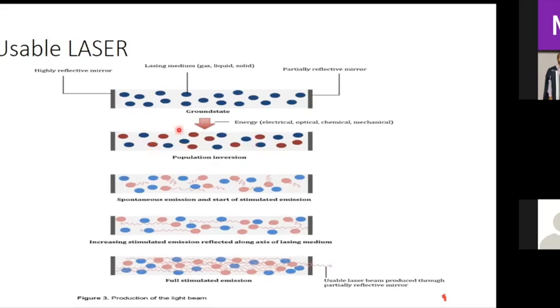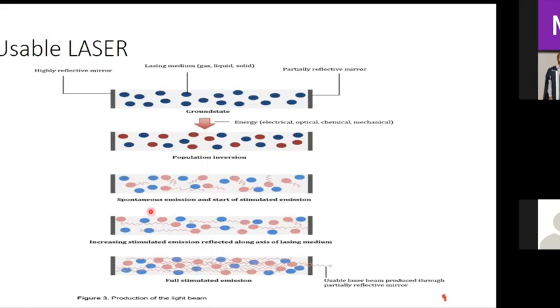When they return to the state of low energy, they'll emit photons. That's your stimulated emission. And population inversion simply means that there are more activated atoms or electrons as compared to the ones in the low ground state, with a continuous source of energy.